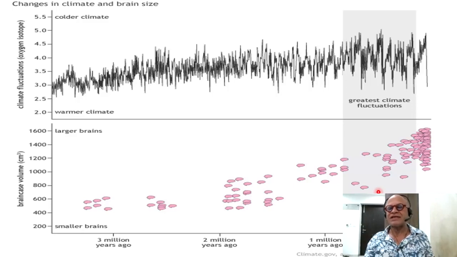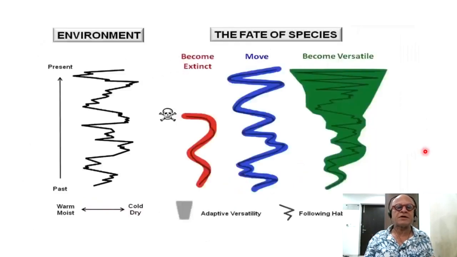Correlation doesn't mean causality, of course, but also we will see that brain size is actually decreasing in the remaining Homo lineages, that is the Homo sapiens, in the last 10,000 years, and we have to understand what that is related to as well. So the idea is that as you have cold and dry conditions and warm and moist conditions from the past to the present, the fate of the species may be that they are adaptive and versatile.